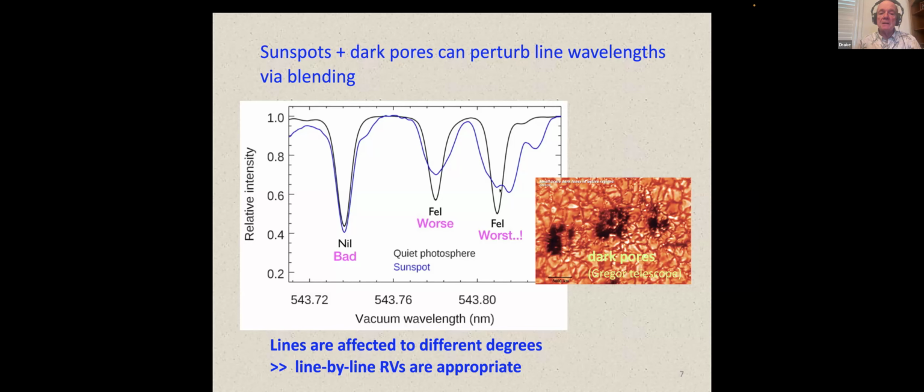So lines are affected to different degrees, and so a line-by-line radial velocity analysis can really help to isolate the lines that are the best behaved and the lines that are the worst behaved. And then even if you're doing a cross-correlation radial velocity, you can apply a weighting factor that will low weight the lines that are not behaved as well and give more weight to the lines that are well behaved.